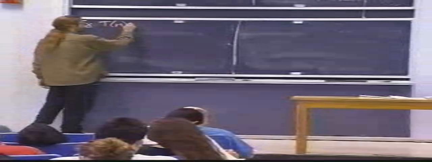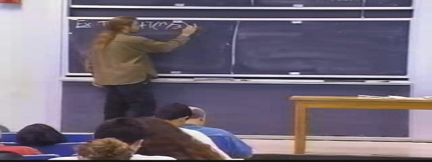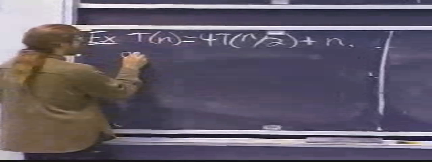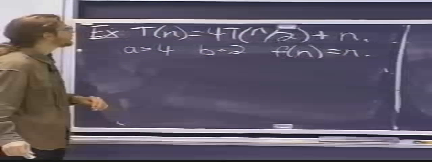At the very beginning, t of n is 4 times t of n over 2 plus n. Let's do some work just to be clear what we're saying. We want to write this in terms of the master method. So you look, it's even vertically aligned, which is great. A is 4. B, what we're dividing by in here is 2. And f of n is n. Okay, now we have all the right terminology.